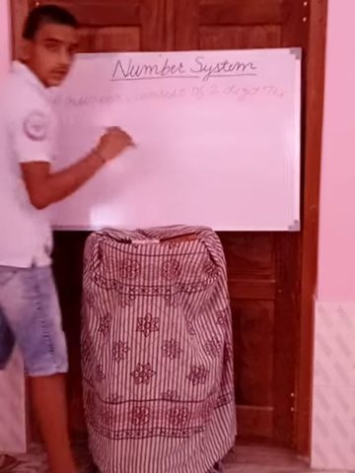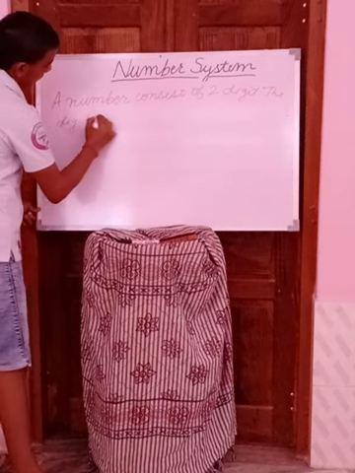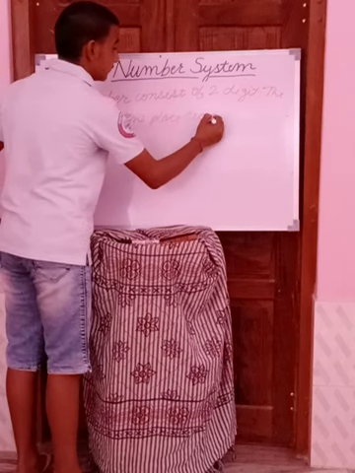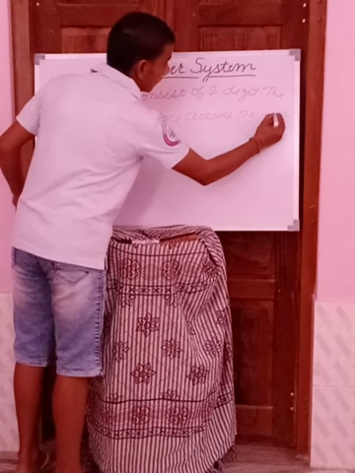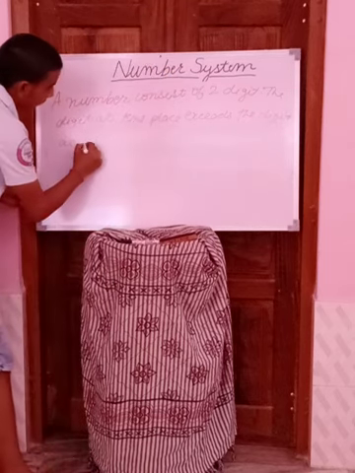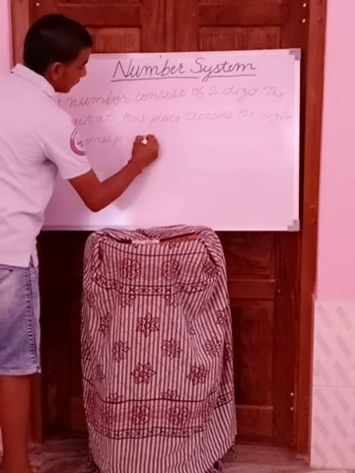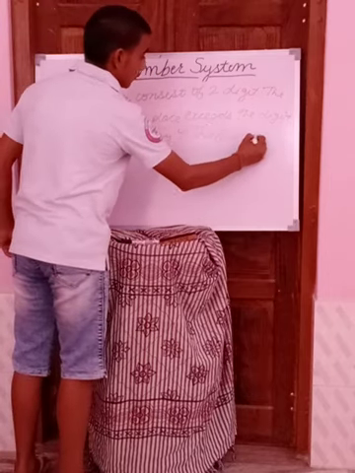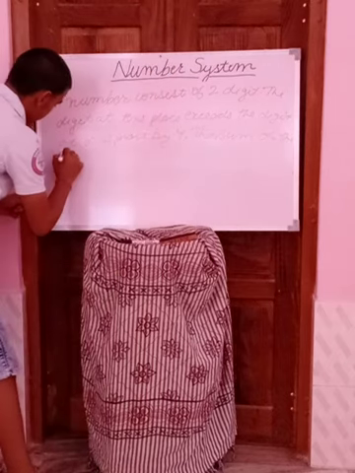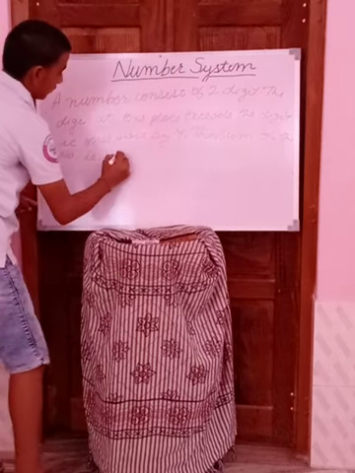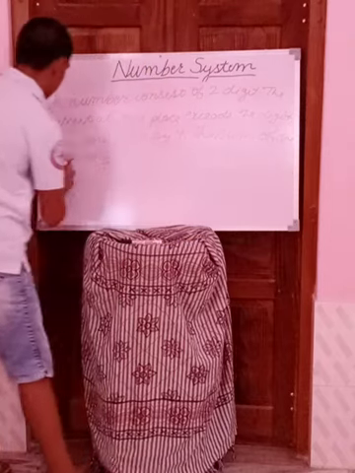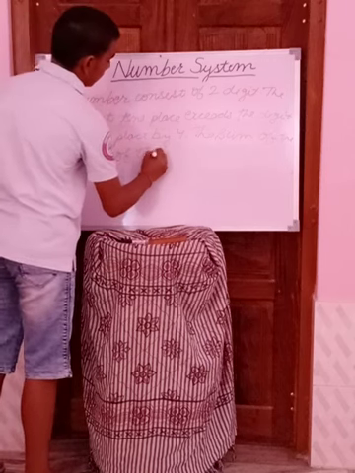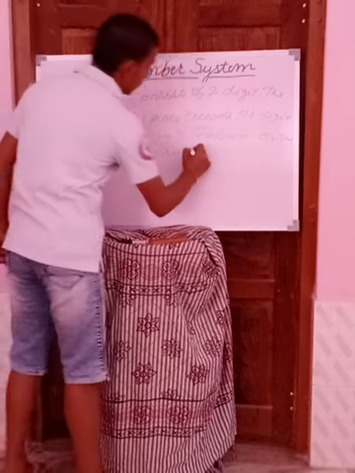The digit at tens place exceeds the digit at ones place by 4, and the sum of the digits is 1/7 of the number. Now the question is, what is the number?